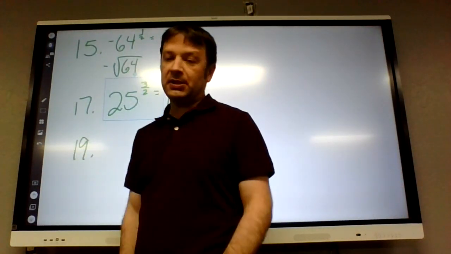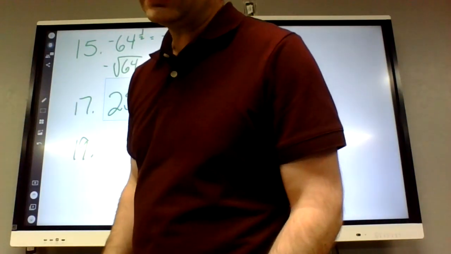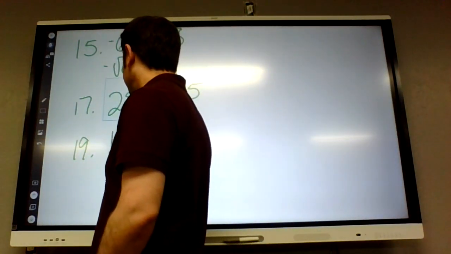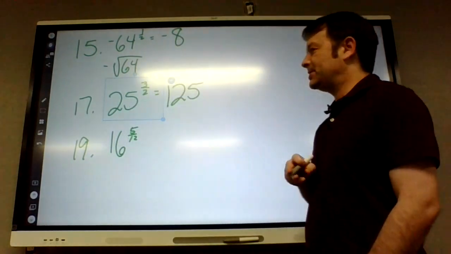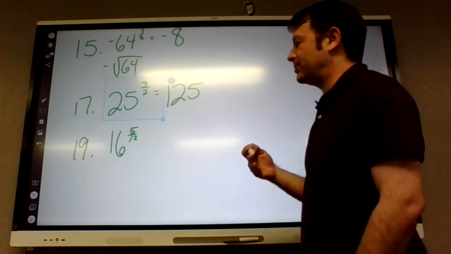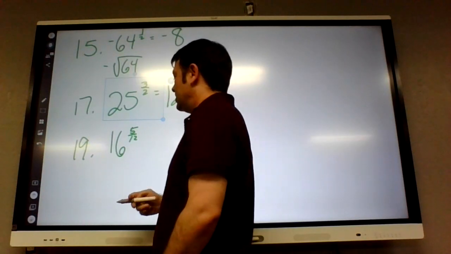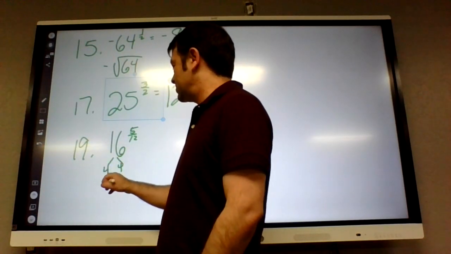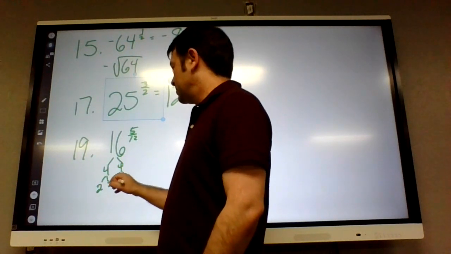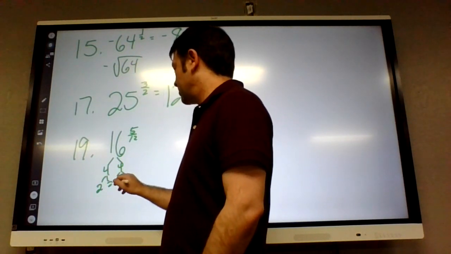Number 19 is really weird. 16 to the 5/12. For some reason, this is the only one that doesn't come out nice. I don't know why they did this, really. I think they want you to break it down. 16 is like 2 to the 4th.